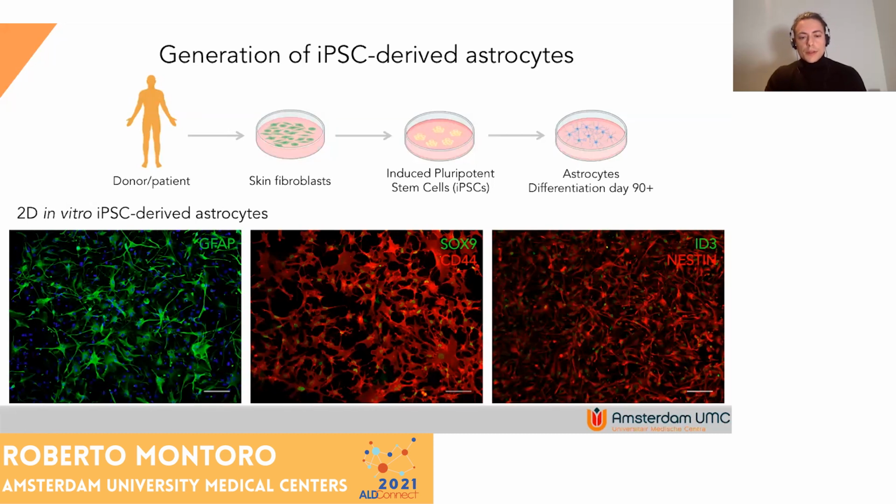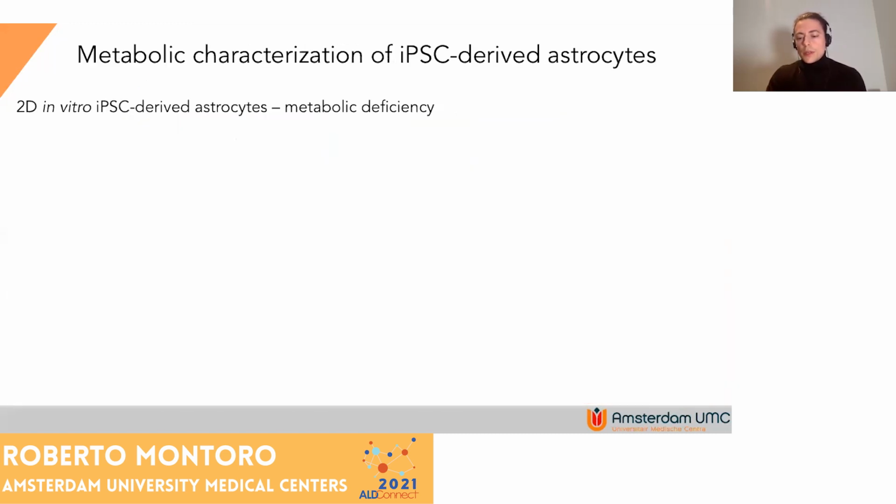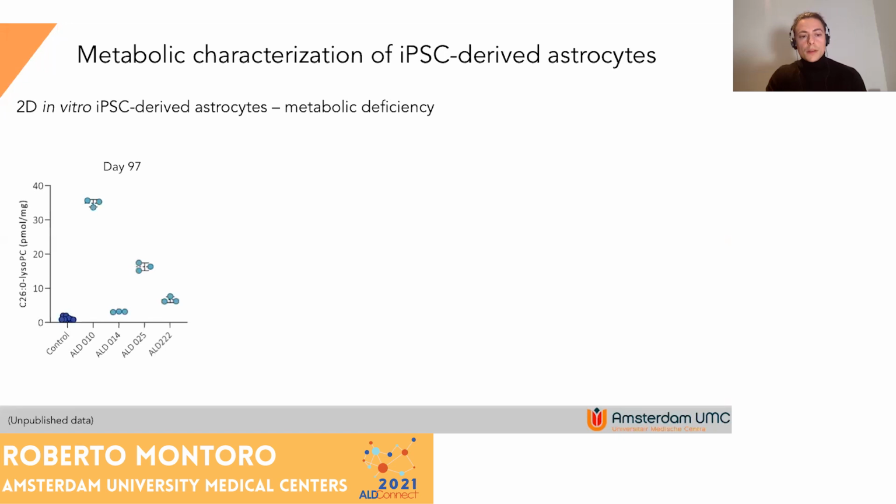So we generated astrocytes from the cohort of patients that we had available, as well as from 3 donors. And we wondered if they would also recapitulate the metabolic deficiencies in patients. To do so, we measured the levels of the biomarker used in ALD, that is C26 lyso-PC. Here in the graph, you can see the 3 controls that I use in my study.